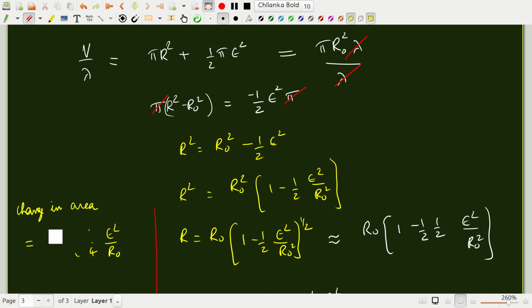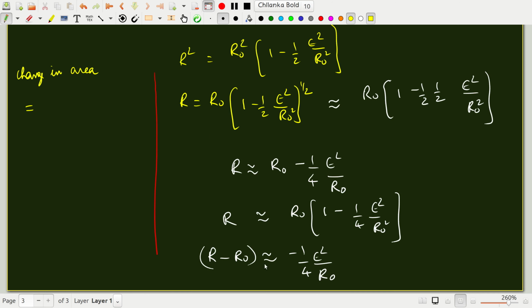So change in area is nothing but you have to write 2 pi, so you have to multiply by 2 pi because we need this, and that will give you 2. This is minus half pi epsilon squared by r naught squared, right?